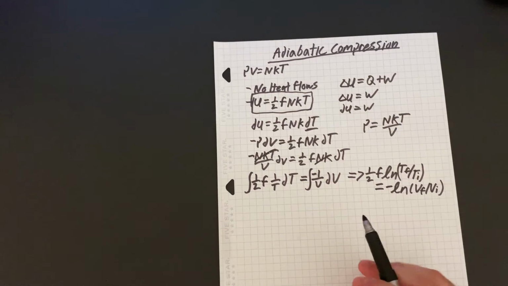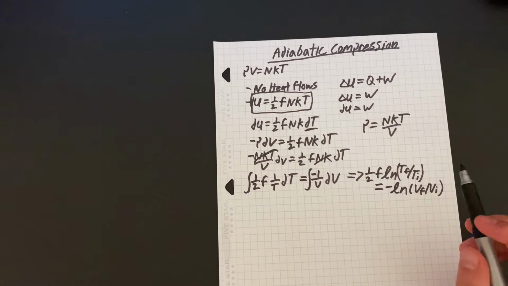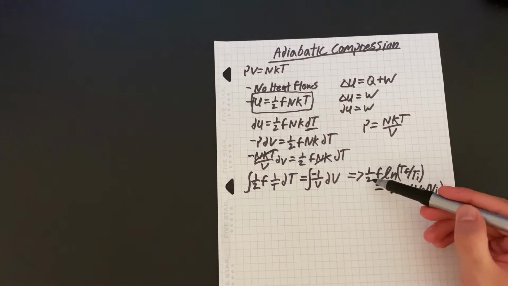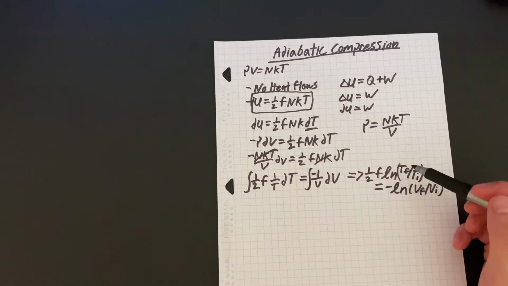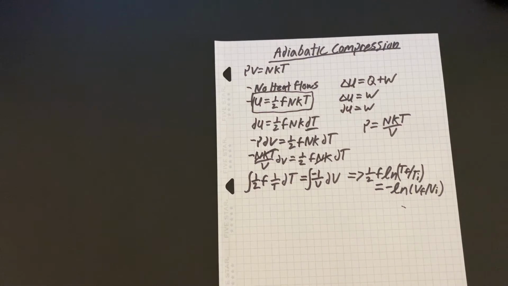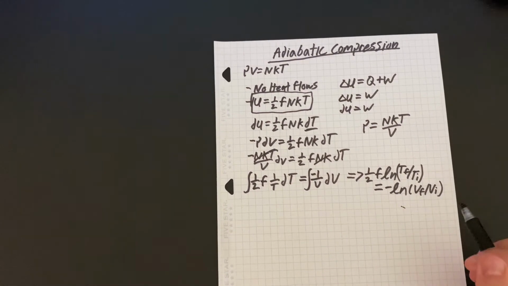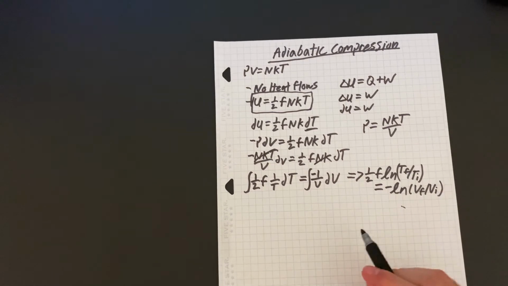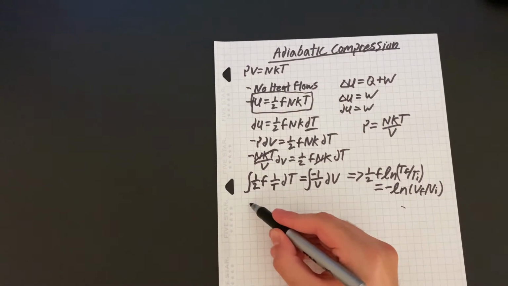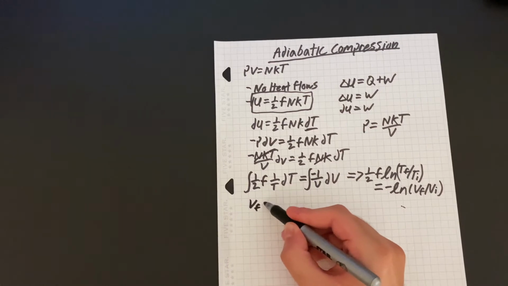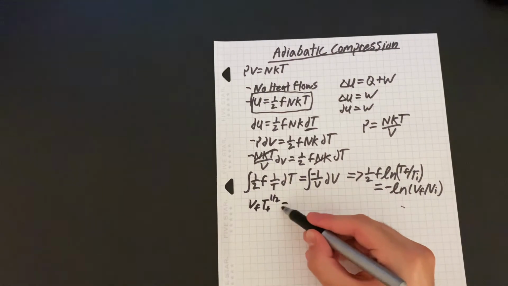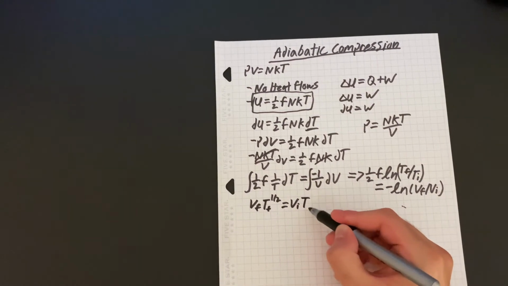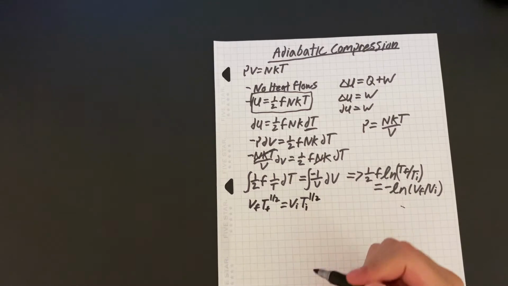But this is pretty interesting here. Not only because 1/2 F is just a constant, we can also raise each to the exponential power and rewrite it. So it actually ends up being V final T final to the 1/2 F equals V initial T initial to the 1/2 F.